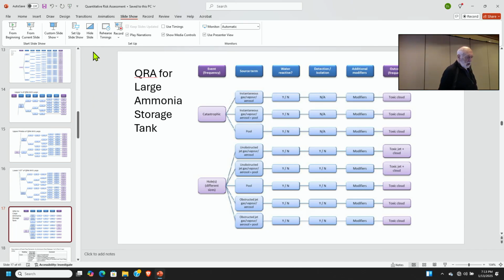All right, for a large ammonia tank, here's a typical QRA. We're looking at storage, failure, gas release, liquid release, various things. And the other thing you have to realize is that ammonia is potentially flammable. So that's a possibility as well. It's a gas that's lighter than air, but at the same time, it is flammable.